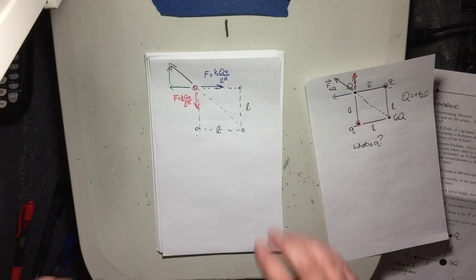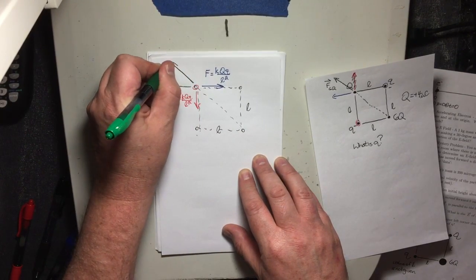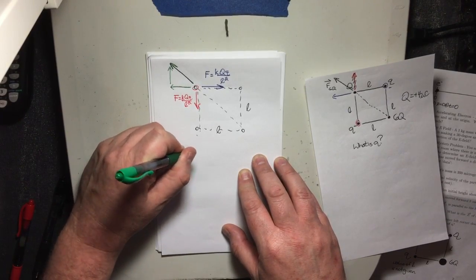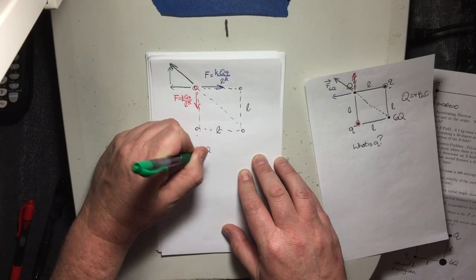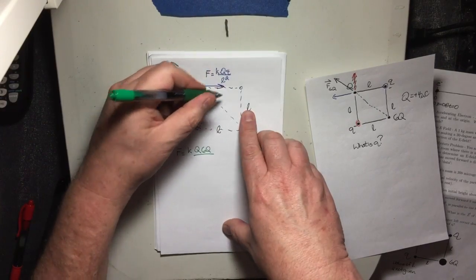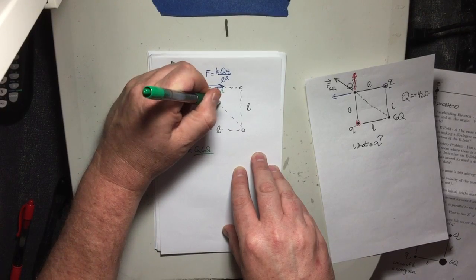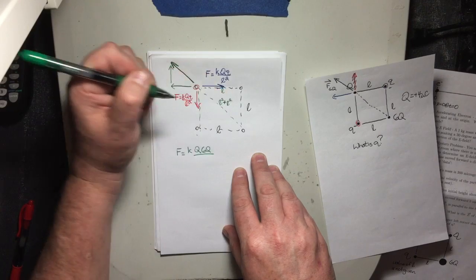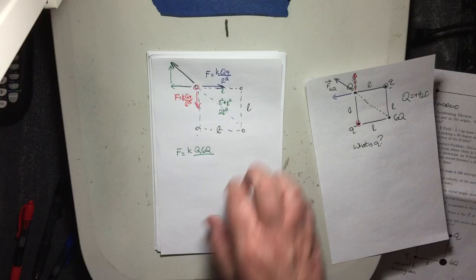Well, let's calculate this force. That force is K big Q 6Q over, if that length is L and that length is L, then this is L squared plus L squared, or 2L squared.